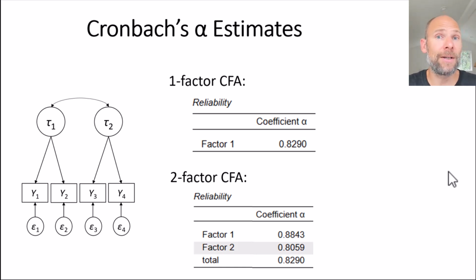So in summary, this shows you that alpha per se is not a test of unidimensionality. Even when you find a large alpha value, like in this case 0.83, this does not mean you have a unidimensional scale. In this case, clearly the scale was two-dimensional, and therefore unidimensionality was rejected, and yet alpha would still look good.